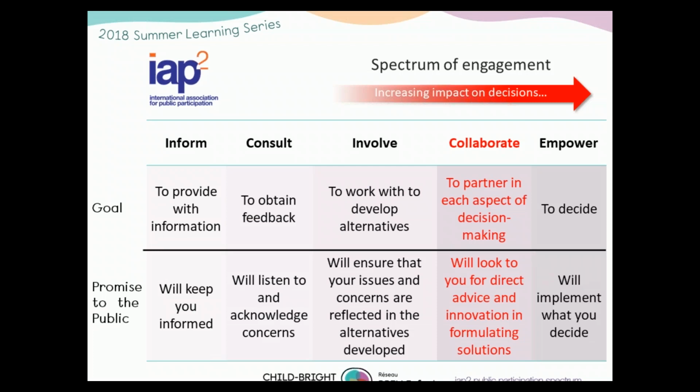And lastly, at the highest level of public engagement, is to grant complete control over to members of the public, where they direct the process themselves, and the expert will implement what is decided.